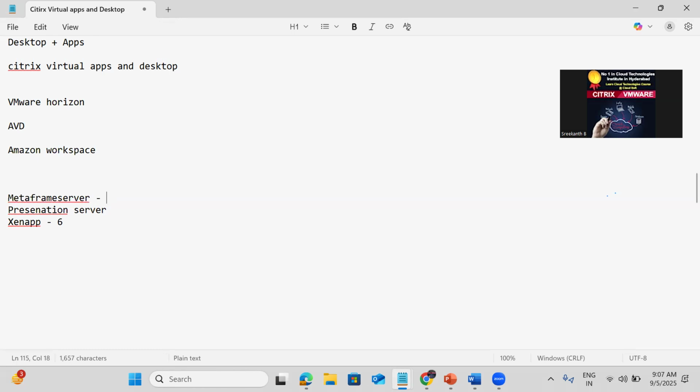Till 3.x, we have MetaFrame server. Then Presentation Server with 4 and 4.x. And XenApp, I think they changed at 5. But very immediately they gave XenApp 6, then XenApp 6.5. Among these, the last XenApp version is 6.5.